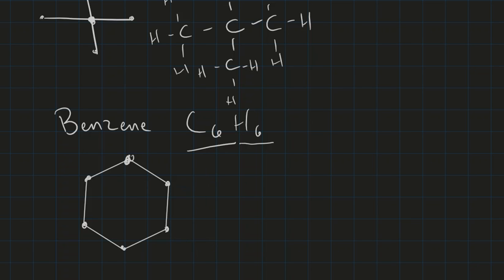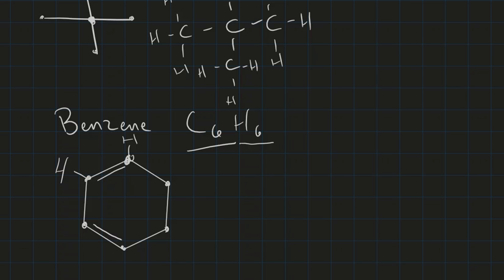So what happens is that we need to get some double bonds in here. And so let's go ahead and put one in here. So now this carbon has 3 bonds, which means it only needs to bond with 1 hydrogen. Now this carbon has 3 bonds, so only needs to bond with 1 hydrogen.